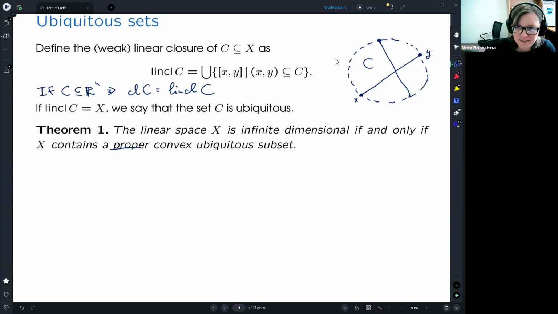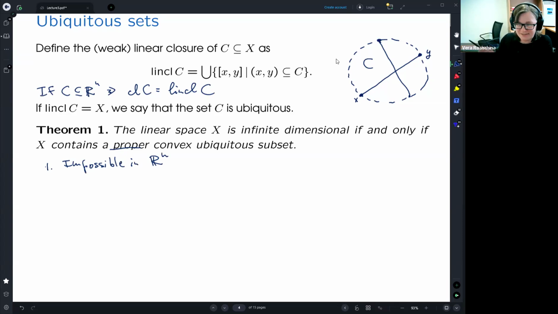So if I want to prove this theorem, of course, I'm not going to give all details. The first thing I will want to say is that in finite dimensions, it's impossible because I can use the separation theorem. If there's a point outside of my convex set, I can separate that point from the convex set, and everything in the half space that doesn't correspond to where the set is living is not in the closure of the set.